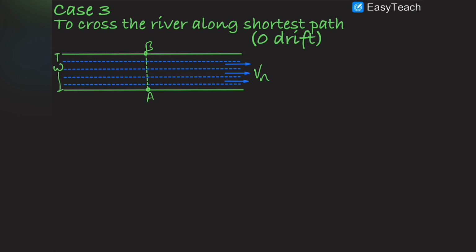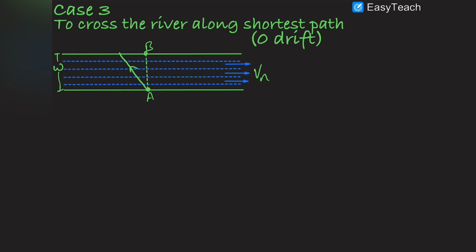So can you predict in what direction he should try to move? In direction 1, direction 2 or direction 3? The obvious answer is direction 1, because if he tries to move in this direction, then he can cancel the effect of the river velocity. Let's see how.